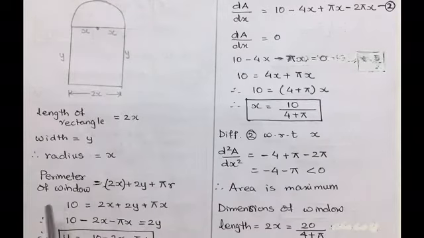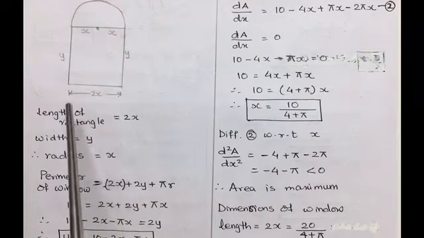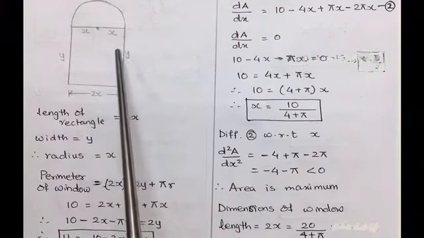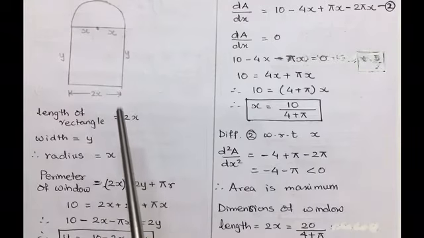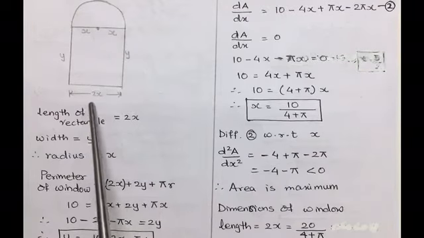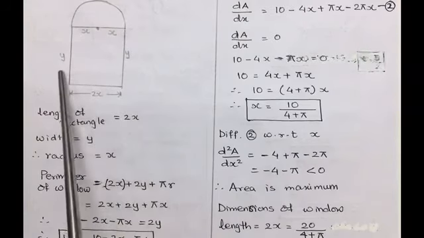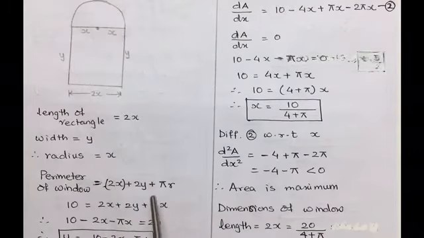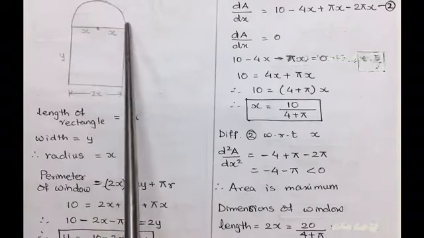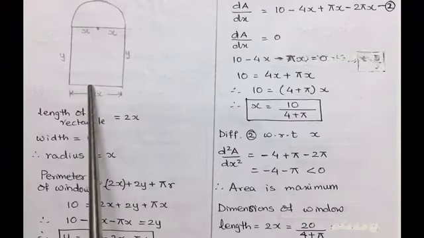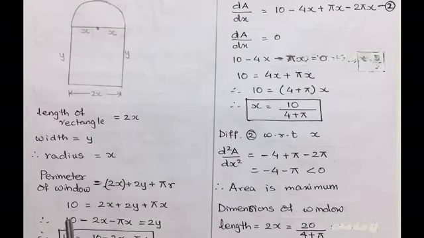Perimeter of the window will become the addition of all the sides, all the three sides and the semicircle. So 2x plus 2y, and the circumference of the semicircle is pi r. So we have added the complete perimeter of the window. Now the perimeter of the window given is 10.